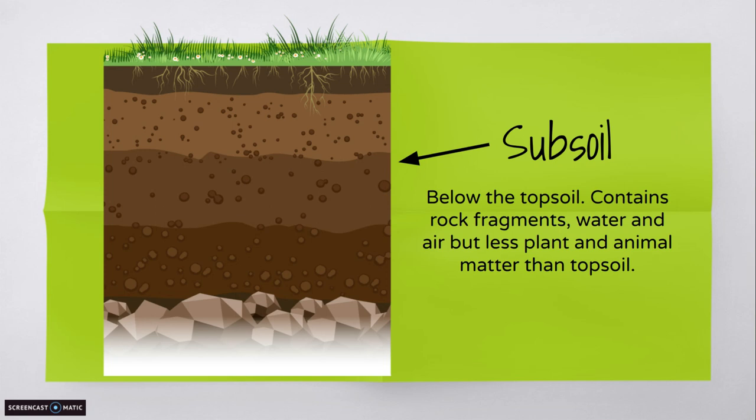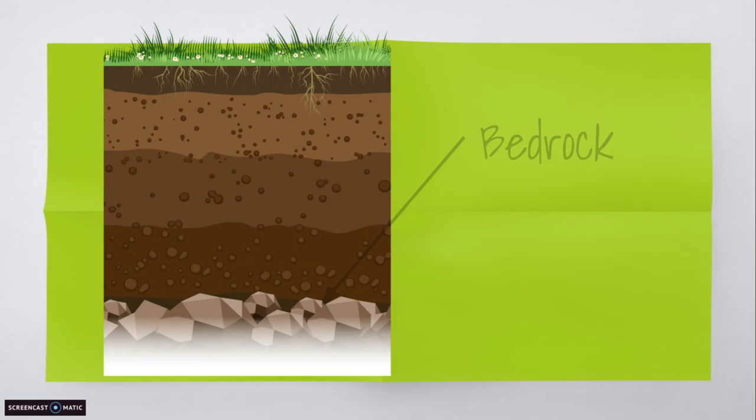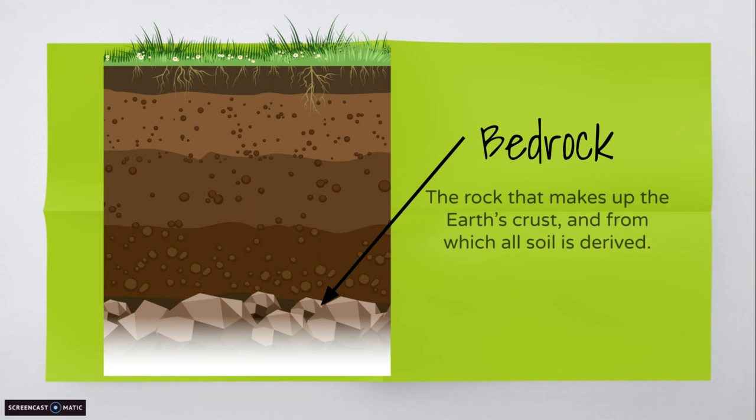And then finally, the layer we'll talk about is bedrock. Natural processes basically help break down the bedrock and form new soil. But the bedrock itself is the rock that makes up the Earth's crust and from which all soil is derived.